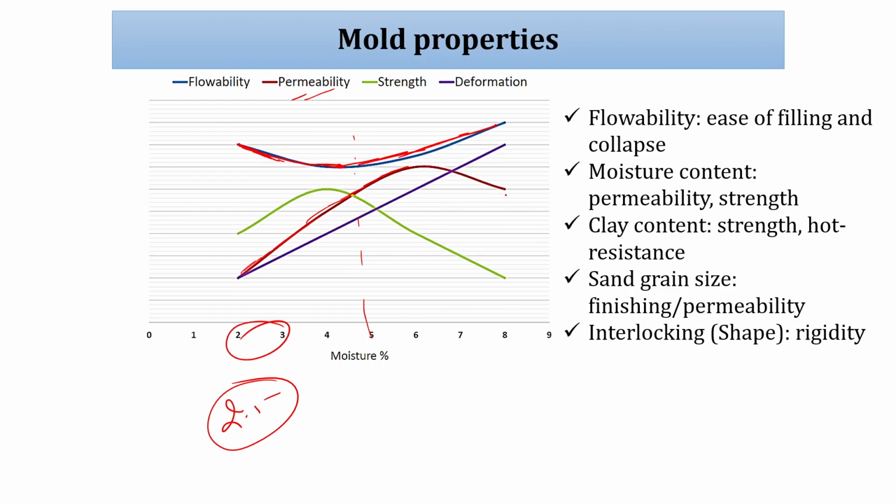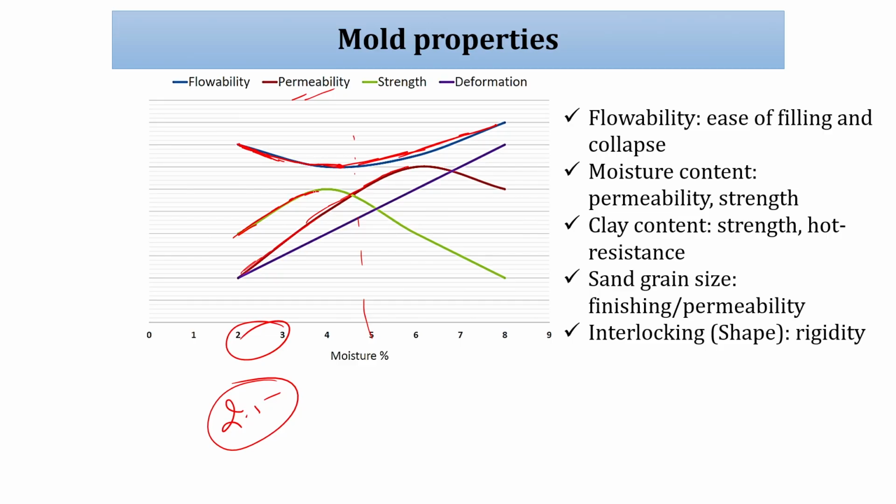Strength: if you add some water, initially it will not bind, but as you add more and more water there is binding, strength will increase and reach a maximum. If you add more water, it will flow more, look like a liquid, so strength will decrease.